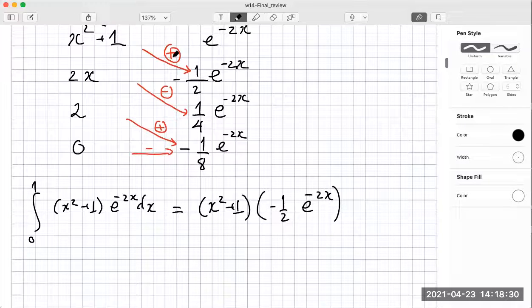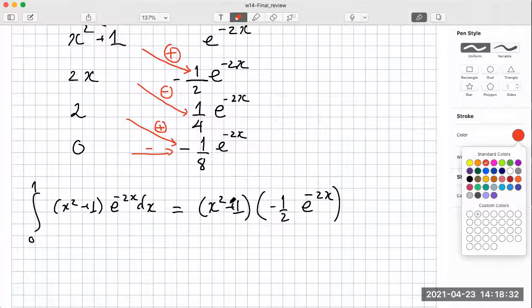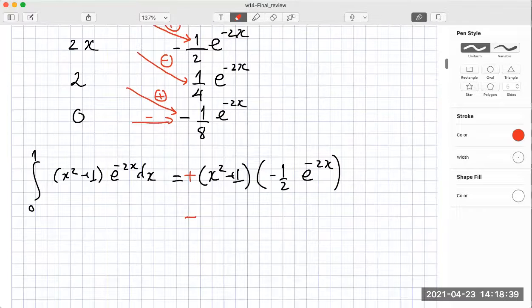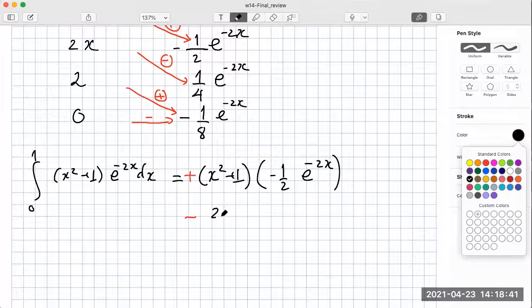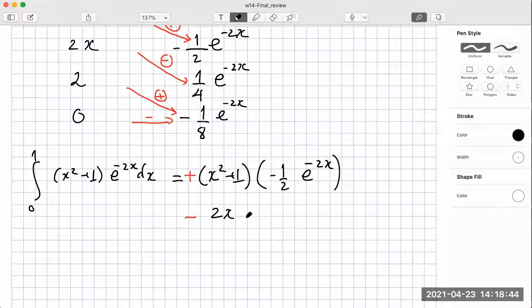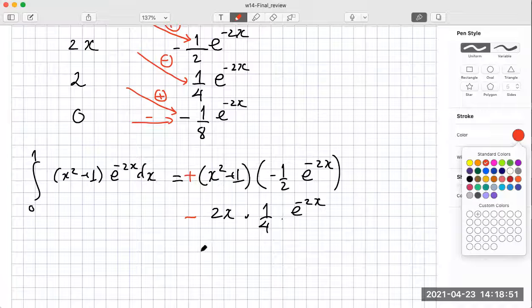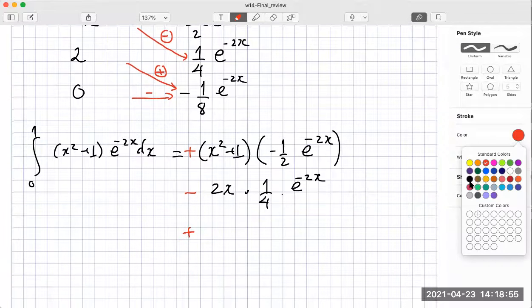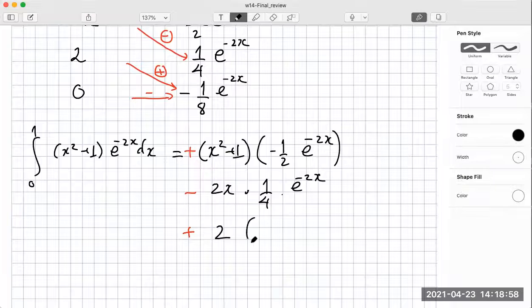Then the sign of this is positive, right? Very nice. The sign of the next term will be negative, of 2x here times 1/4 e to the -2x. And then the sign will change to positive. Here it will be 2 times -1/8 e to the -2x.